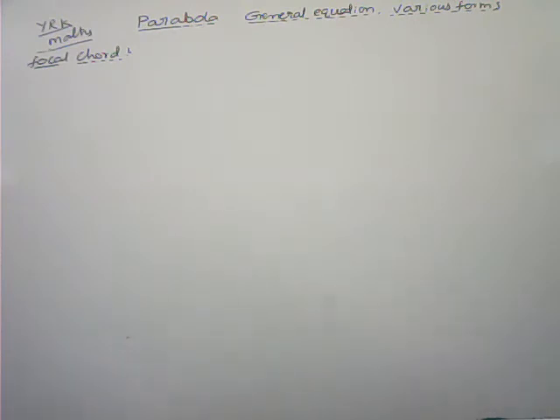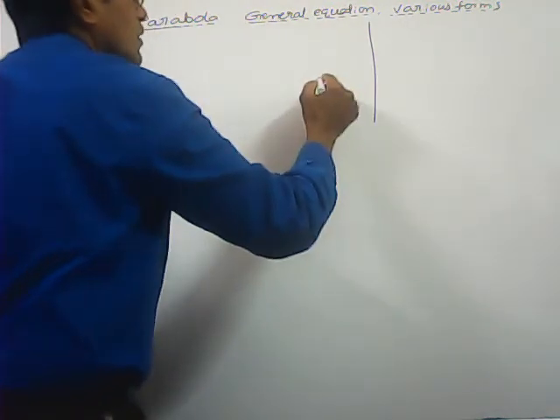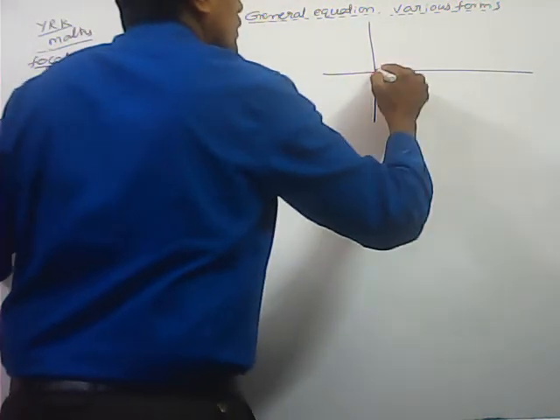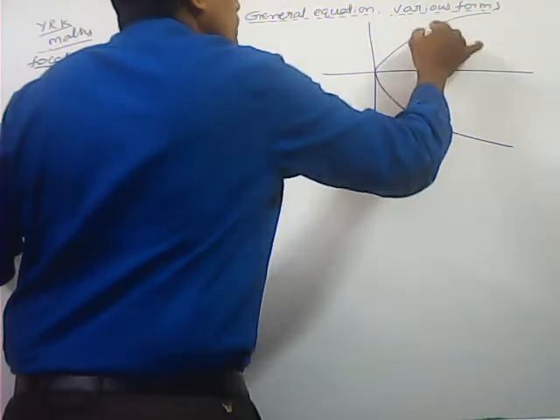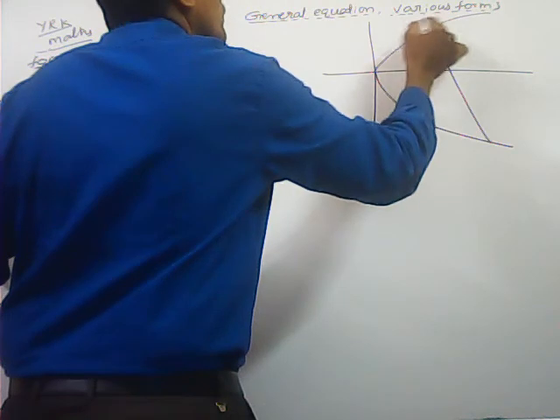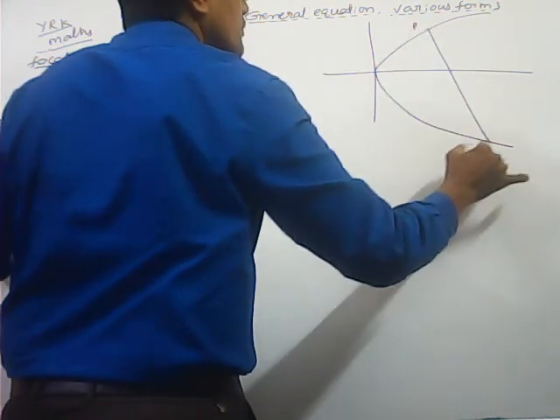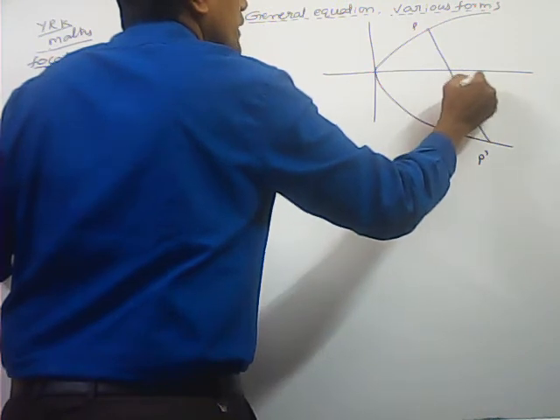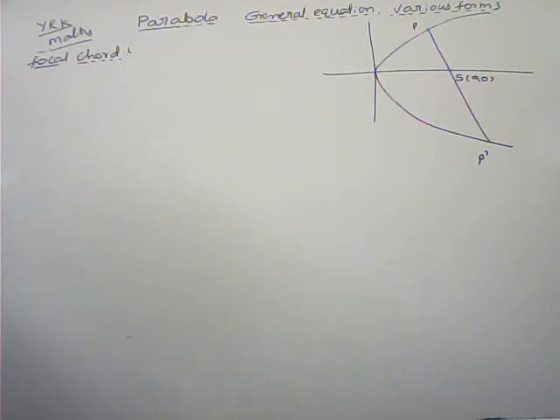Here we can discuss some properties about the focal chord. What about the focal chord? It is a chord that passes through the focus. Taking the focus S (a, 0), SP and SP' are both focal segments.